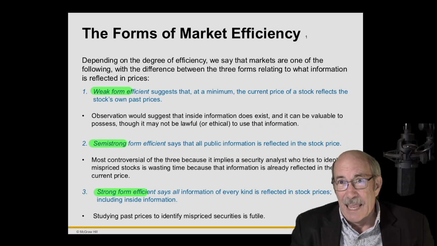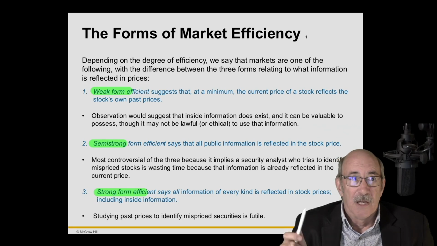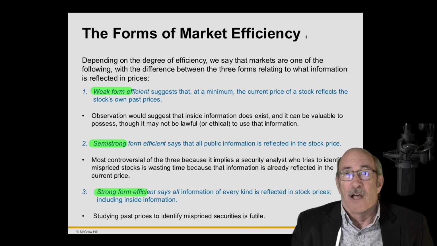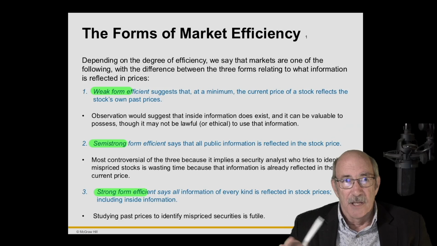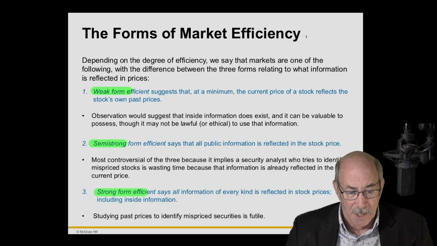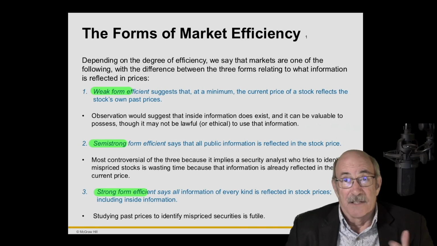In other words, I can't make money by simply studying the price and the volume series. But what if I added all of the other publicly held information that's out there on the interwebs, in books, and every source that I can possibly find? And I analyze the heck out of that. And if I still can't make abnormal returns, then markets are semi-strong form efficient.